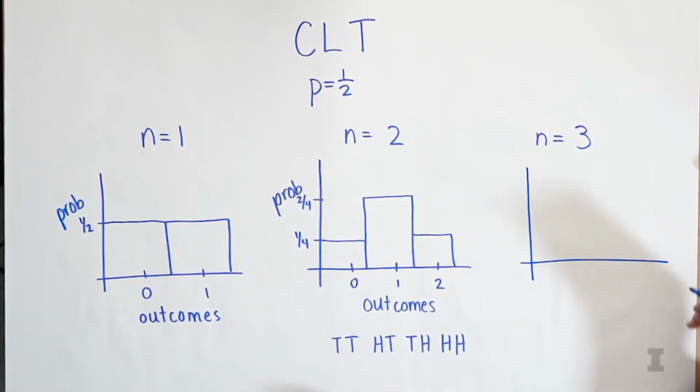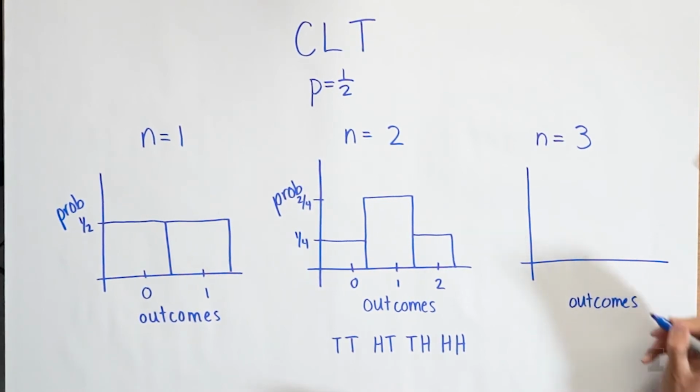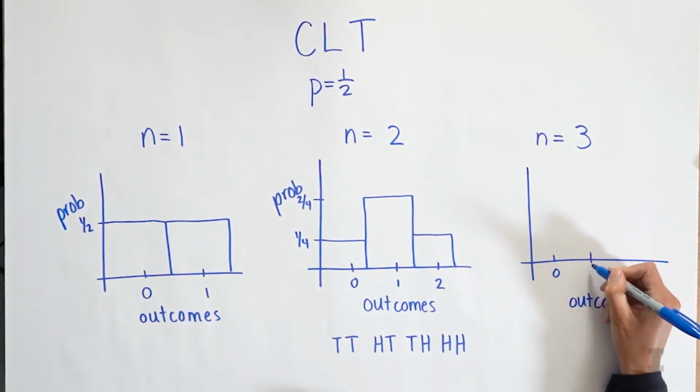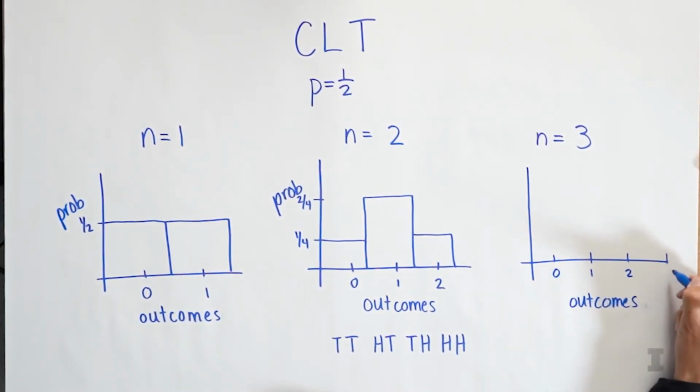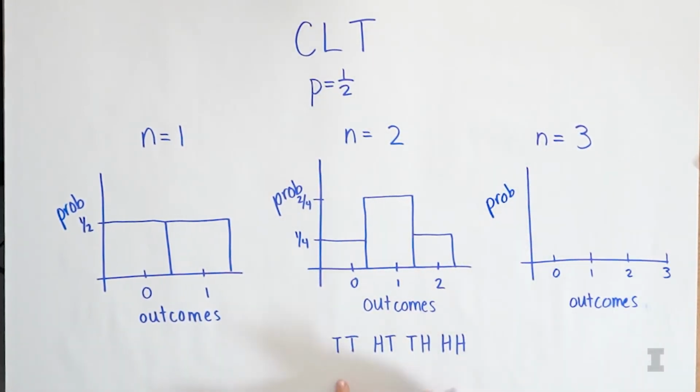So here for flipping a coin 3 times, our outcomes are going to be 0, 1, 2, and 3 heads. And then we can calculate the probabilities just like we did here. If we are flipping a coin 3 times, there's actually going to be 8 outcomes because for all of these, we can either get a head or a tail.